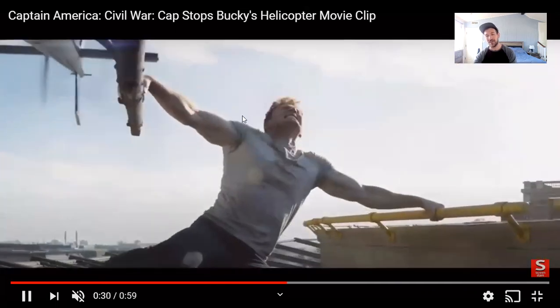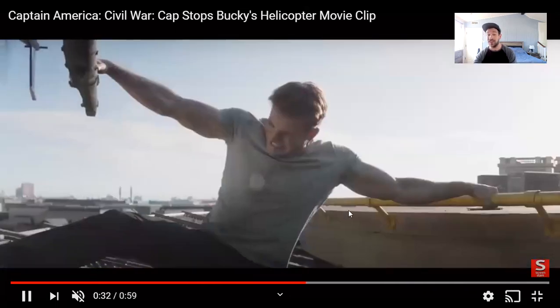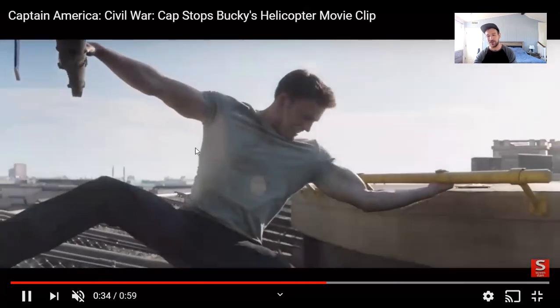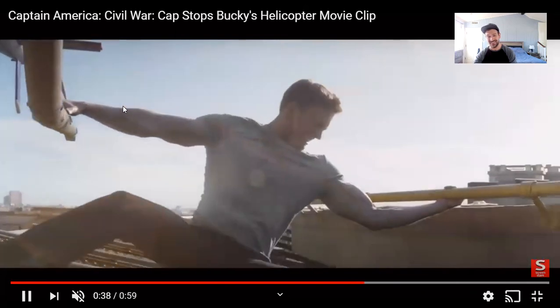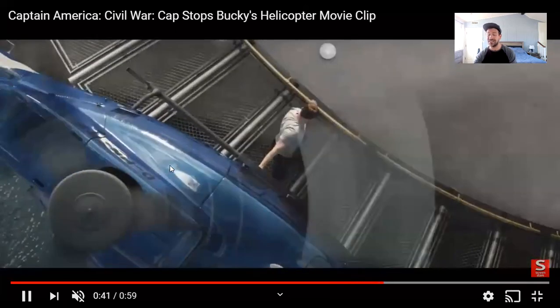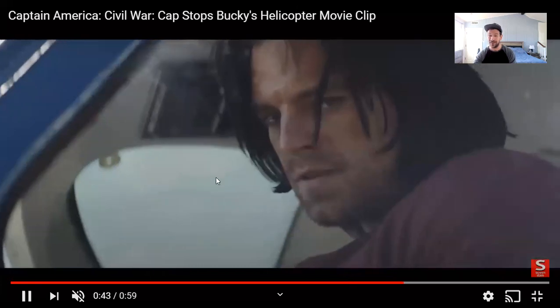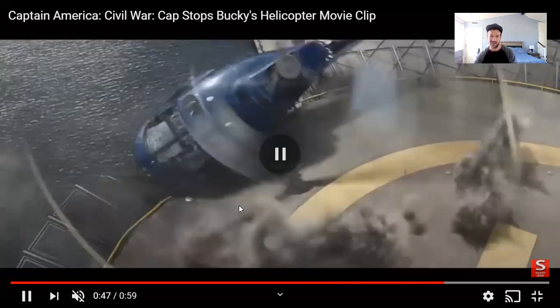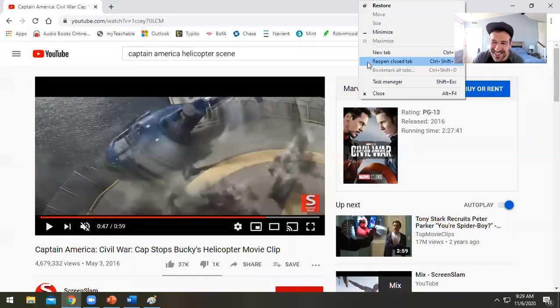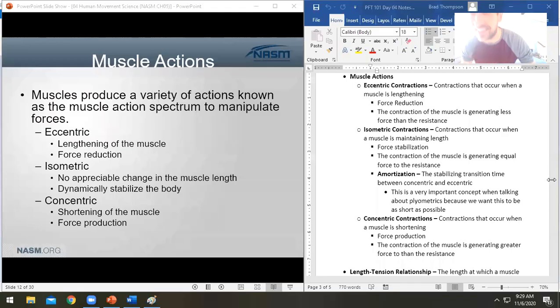That's isometric, right? He's holding it in one position, isometric contractions. And then for a second there, he starts moving it, right? So that's a little concentric. He starts overcoming this resistive force, right? And then all of a sudden it all goes to hell. So that's a classic example, right?